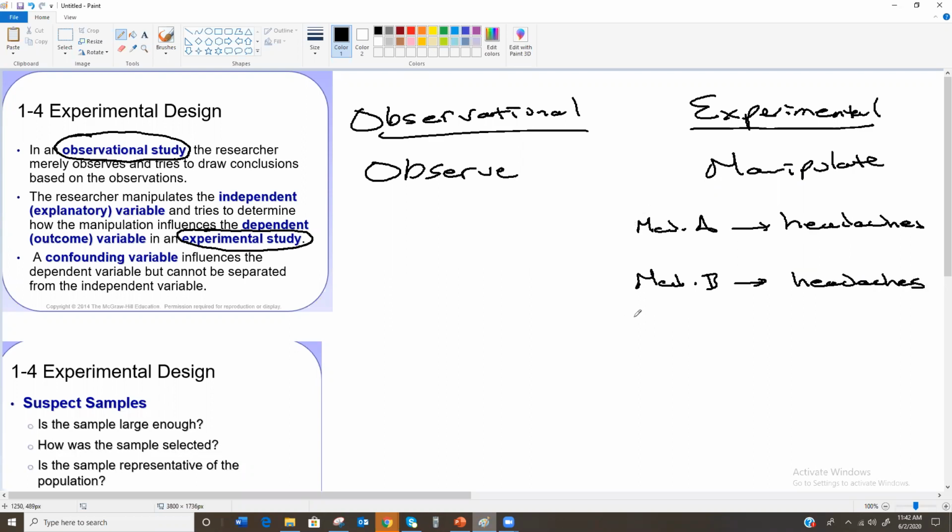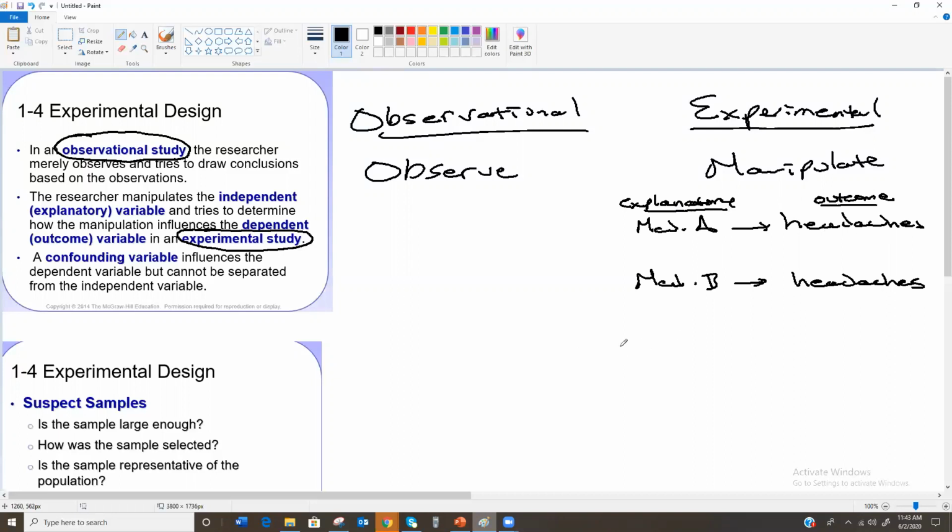Your medications would be your explanatory variable. And then what it does to their headaches would be your outcome variable. So explanatory is what medication you give them, outcome would be headaches. So you're trying to have something that explains an outcome, which medication gives a better result for the headaches.